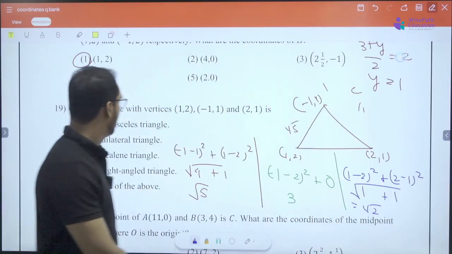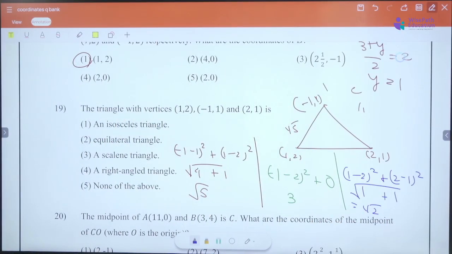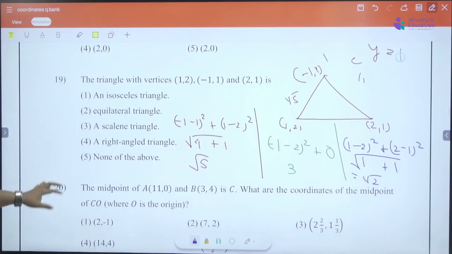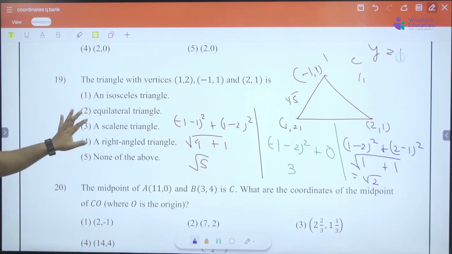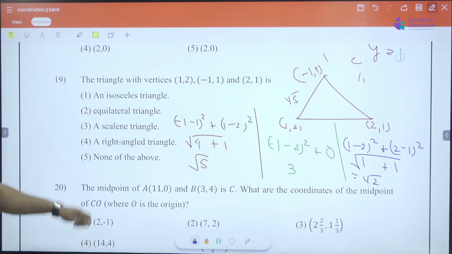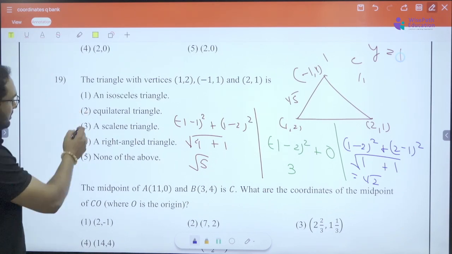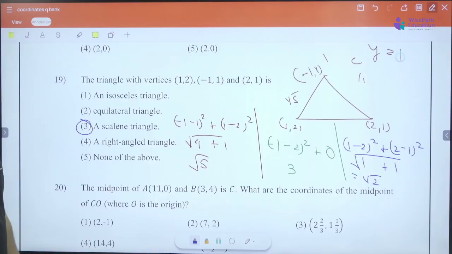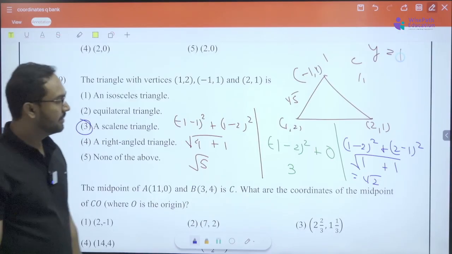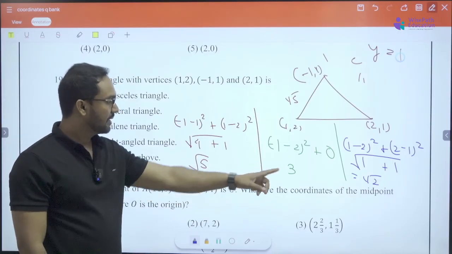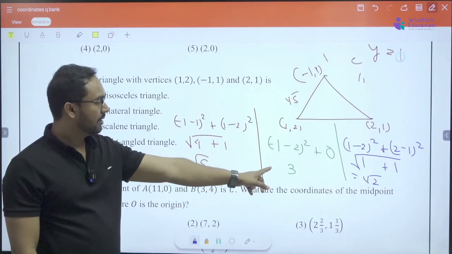So it's not an isosceles, not an equilateral, it's a scalene triangle, right? That means the 3 sides are uneven. Not a right triangle either: root 2 squared plus 3 squared is 2 plus 9, 11.